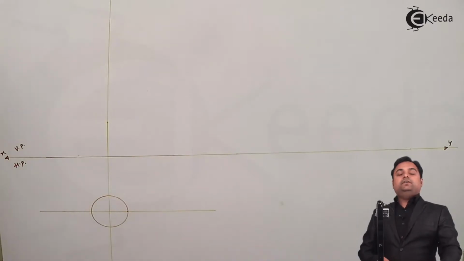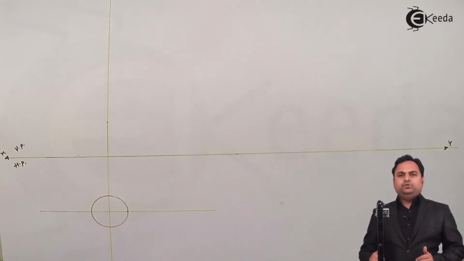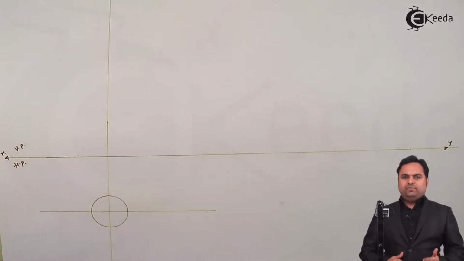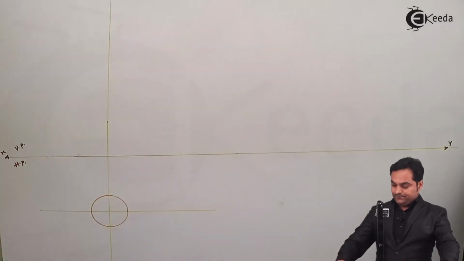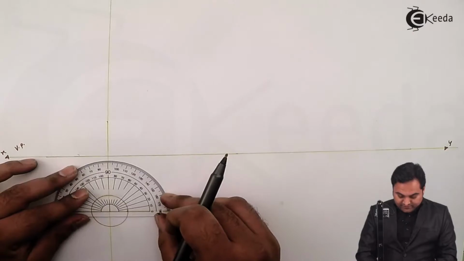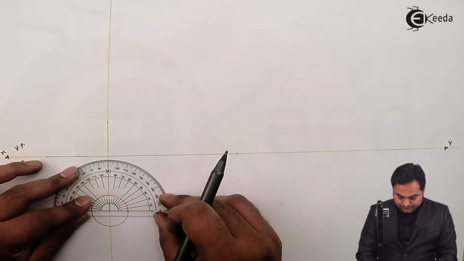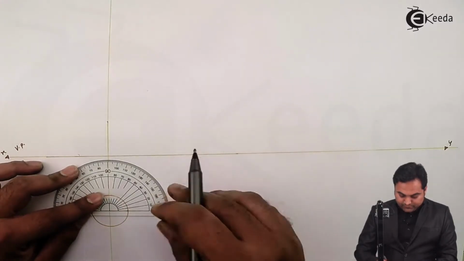Next, in case of cylinder, we have to divide it into 8 parts or 12 parts. Here I am dividing it into 8 parts. For that, I have to take the angle as 45 degree in order to divide the circle into 8 parts.